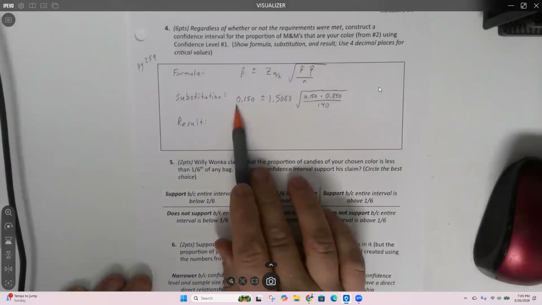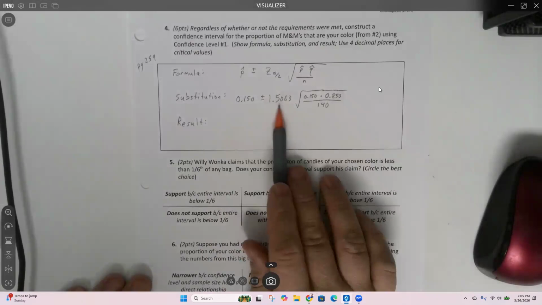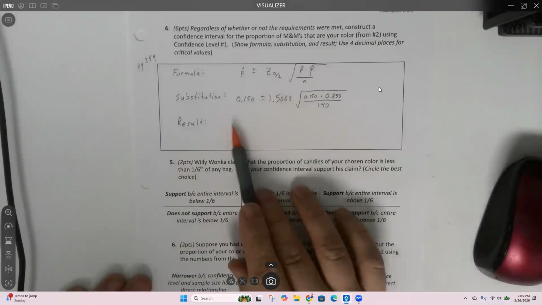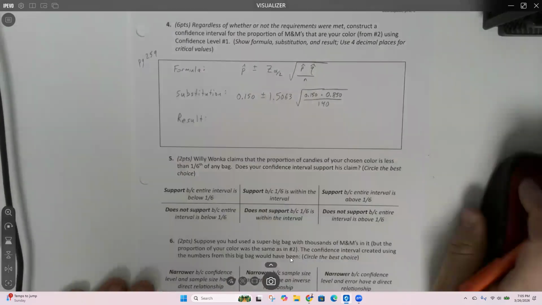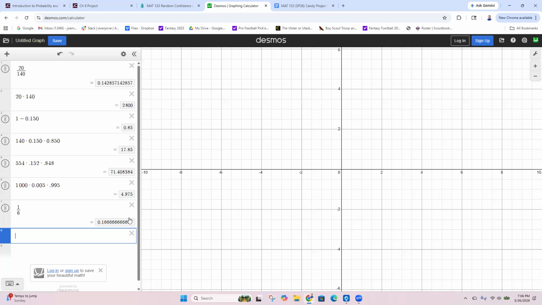So I plugged in my numbers. I used my calculator to get this, and now I'm going to use Desmos, which is the other calculator we're going to use to calculate our result. I'm going to type all of this in: 0.150. Start with the minus first, and then times the square root of 0.150 times 0.850 divided by 140.